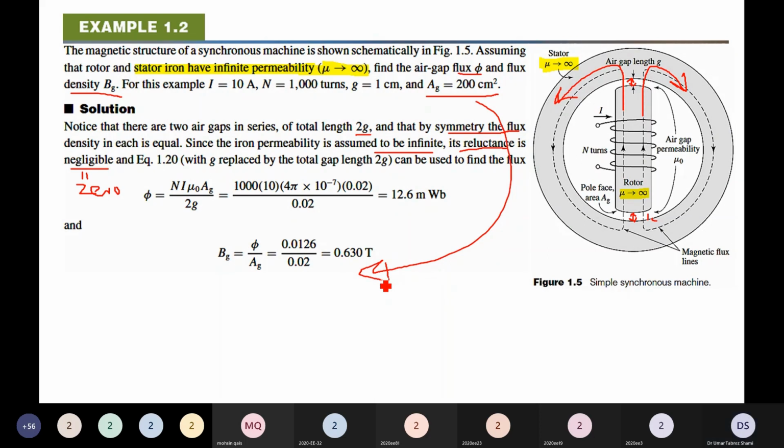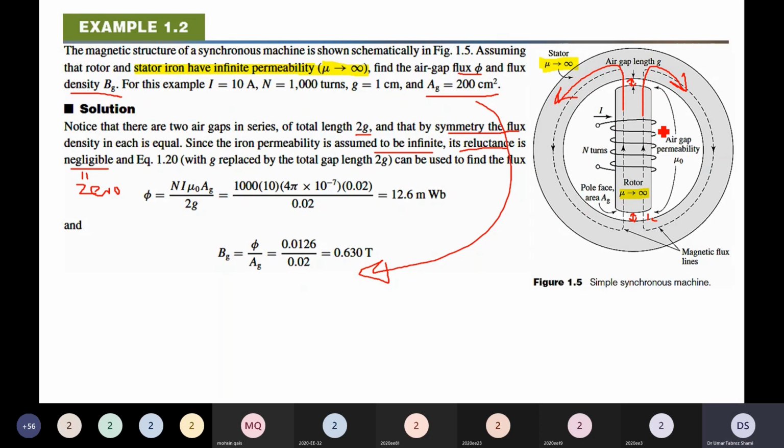The first conclusion is that whenever there is a rotating path, the flux should be divided using symmetry. That is, when the flux passes through the rotating part into the stator, the flux should be divided in a uniform or equal symmetry. This is the first conclusion.